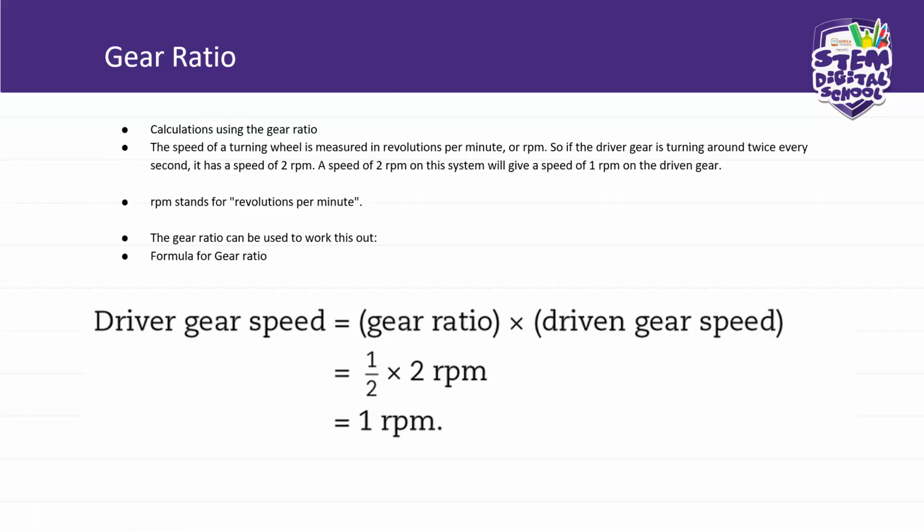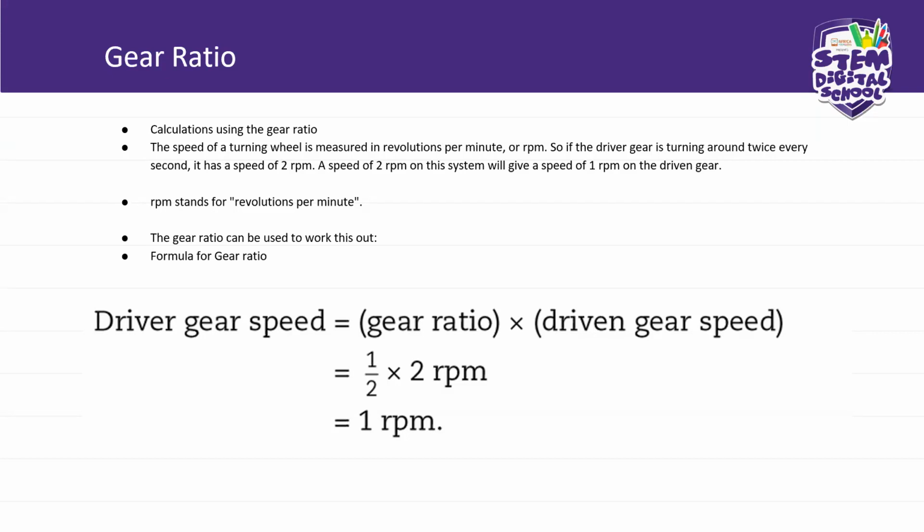The speed of a turning wheel is measured by revolutions per minute. So if the driver is turning around twice every second, it has a speed of 2 revolutions per minute. RPM is 2. RPM stands for revolutions per minute. In this case, it's 2.